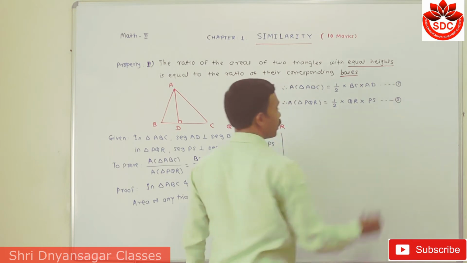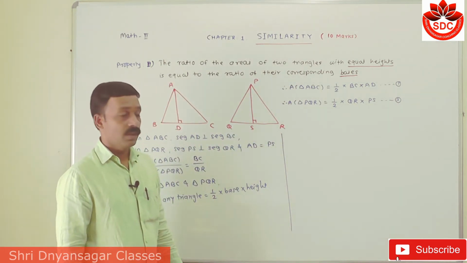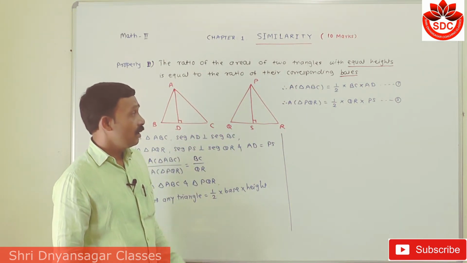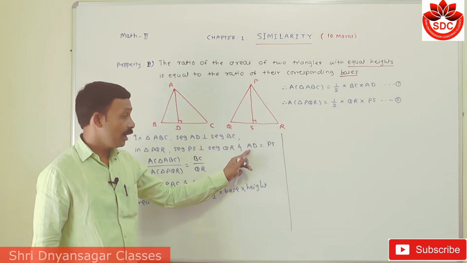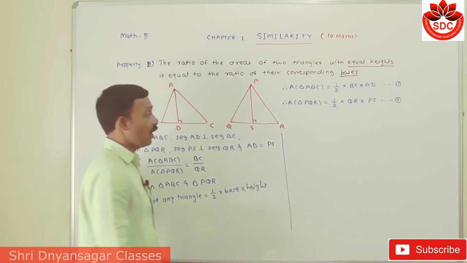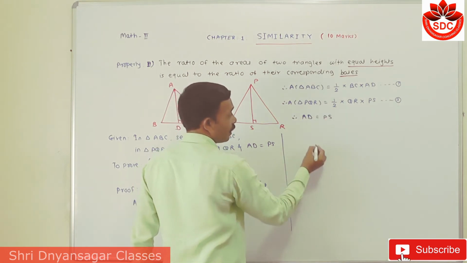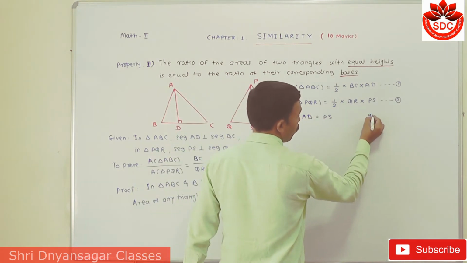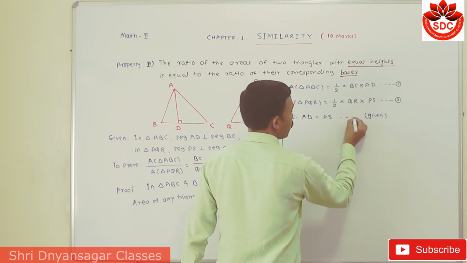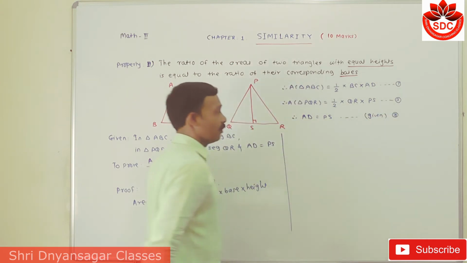This is equation number second. Now students, in your given, AD is equal to how much? PS. So I write this sentence also: AD is equal to PS, which is given. We take this as equation number third.